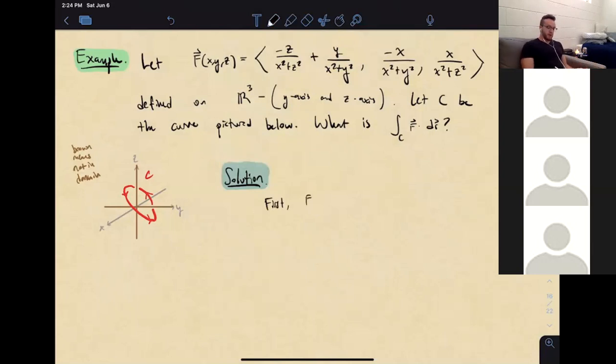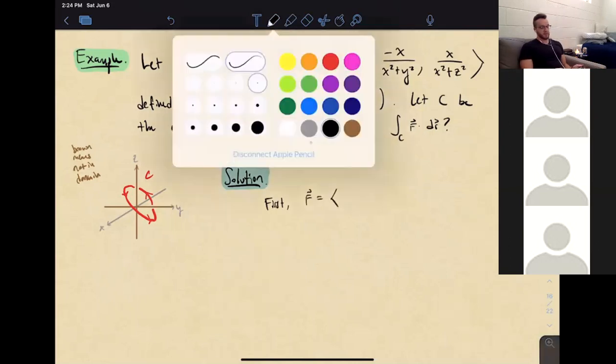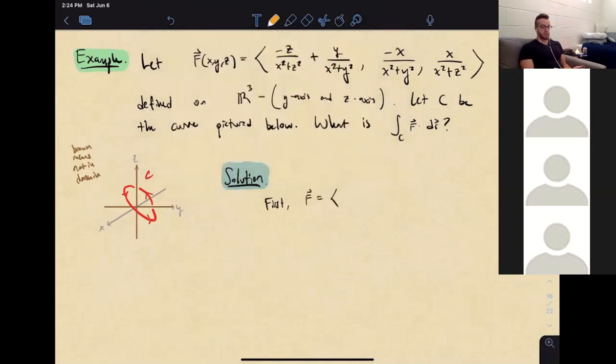So let me write F as, so one of these vector fields, if I look at the denominators here, I've got x squared plus z squared, x squared plus y squared, x squared plus y squared, x squared plus z squared. Let me collect the x and z things, and then I'll collect the x and y things. So one of these vector fields could be negative z over x squared plus z squared.